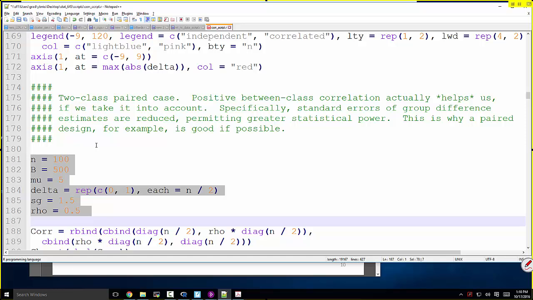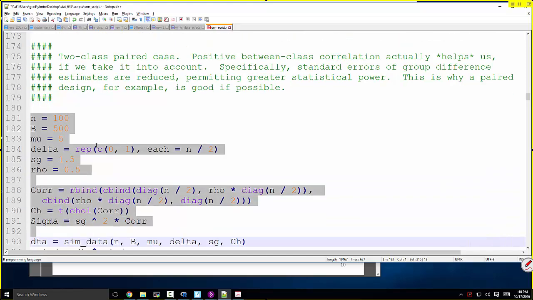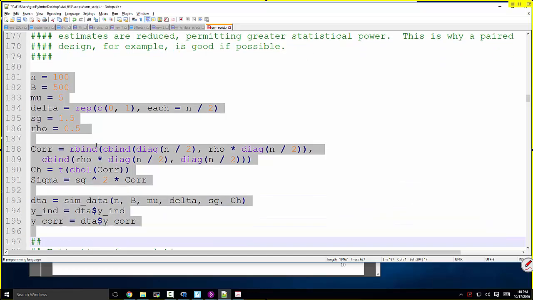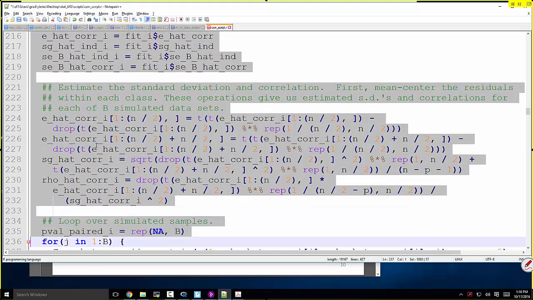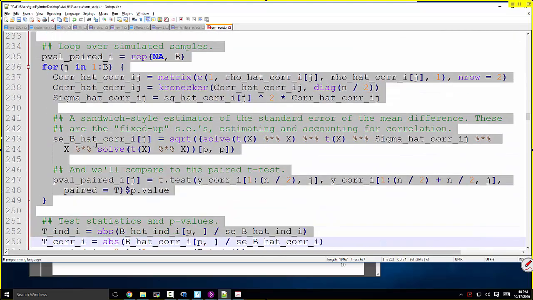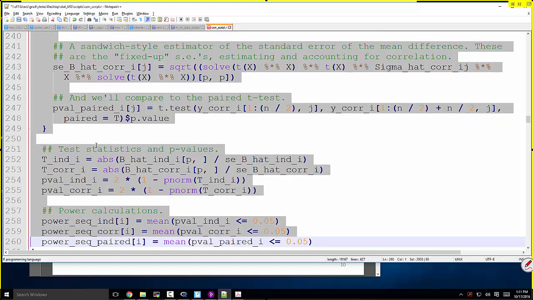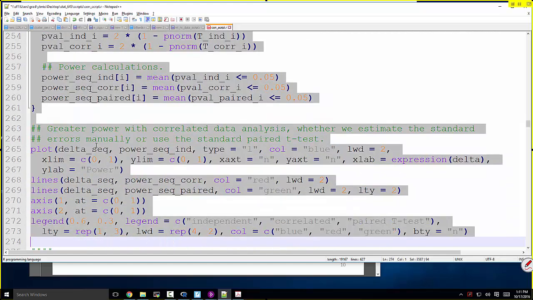That correlation only applies within pairs. That's the only place there's correlation in this simulation. So I'm just going to run the data. Some of this is more than we need, so I'm just going to skip to the punchline. Let's do this one.